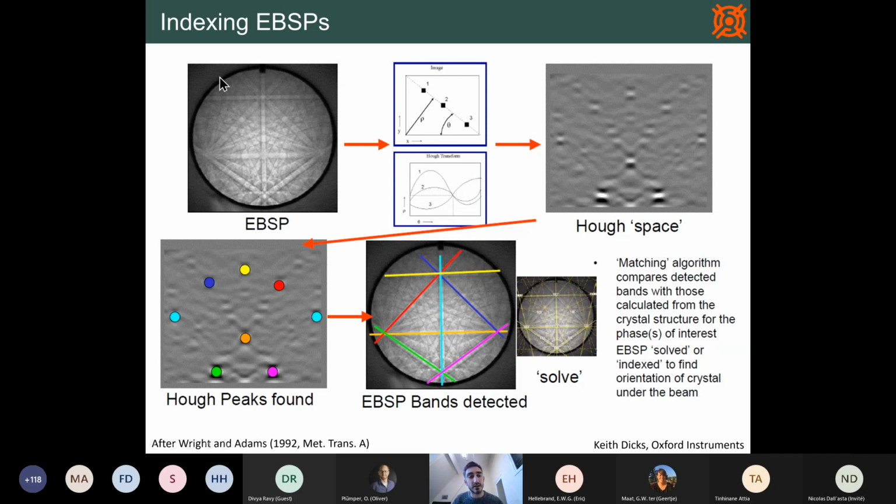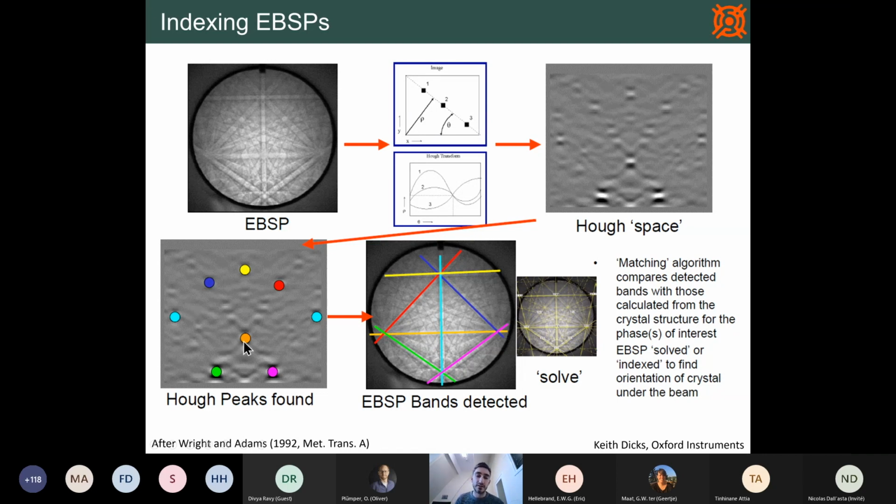So the way that this works is we take the diffraction pattern from a particular point and use an image processing trick called the Hough transform, which turns all the bands in this pattern, which are quite difficult for a computer to recognize, into a peak or a trough in Hough space. The peaks are much easier for a computer to pick out, so here they've been identified.